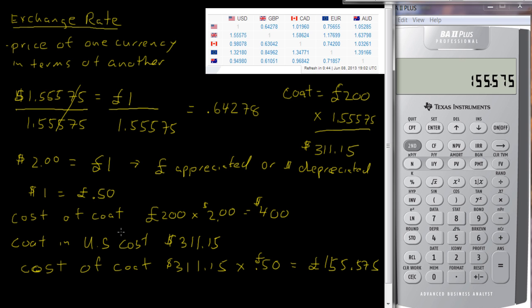Staying in a hotel is cheap because it doesn't take as many pounds sterling. It only takes 0.5 pounds sterling to buy a U.S. dollar, as opposed to 0.64278, which we did in the previous example. So it makes it cheap for British residents to come to the United States for vacation, but expensive for U.S. residents to go to Great Britain for vacation.